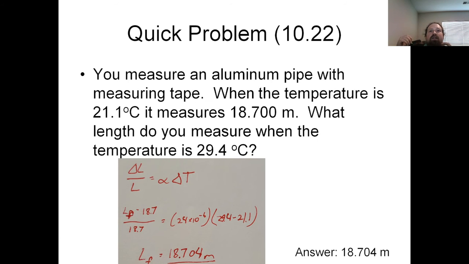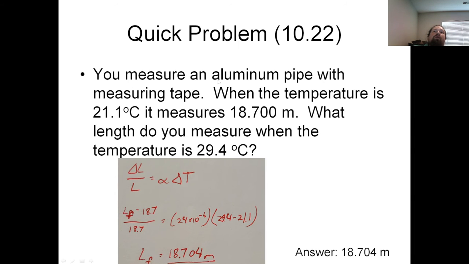So delta L is equal to final length minus original length. So original length is actually in this formula twice. In my work here, I've expanded delta L out into L final and L initial. So delta L equals L final minus our initial length, divided again by our initial length. That'll be equal to our alpha.